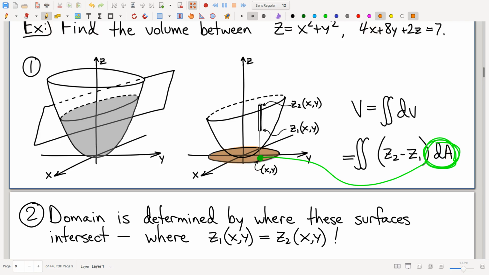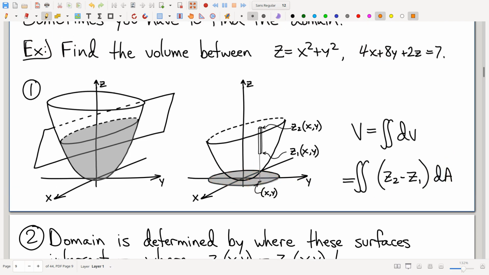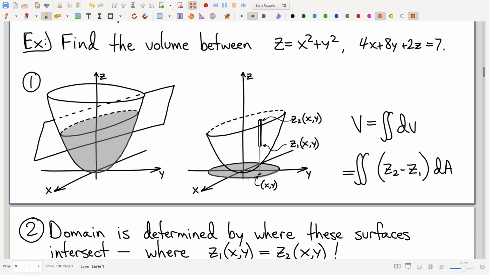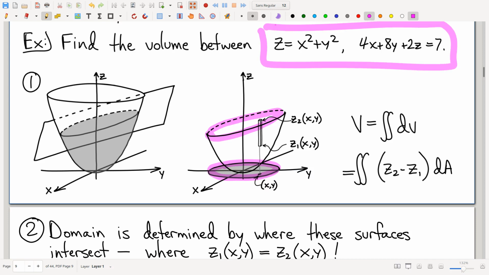Now let me show you the wrong answer first. What a lot of students will do, this is complete nonsense, makes no sense at all. A lot of students will observe correctly that we're looking for that curve, which is the shadow of that curve, which is the intersection of these two surfaces.